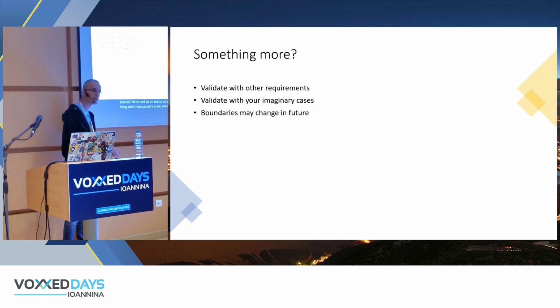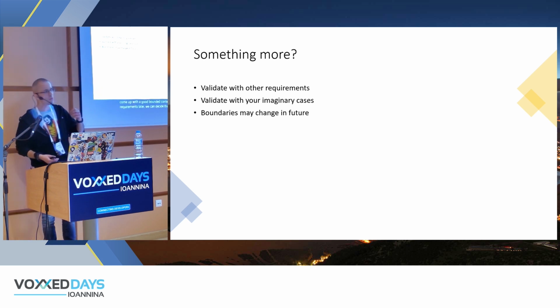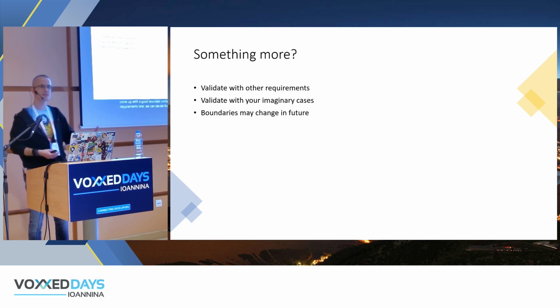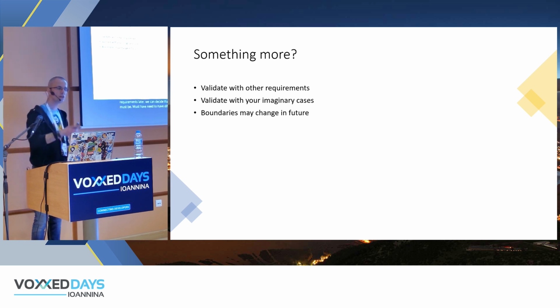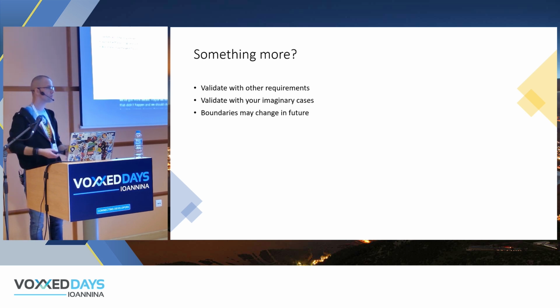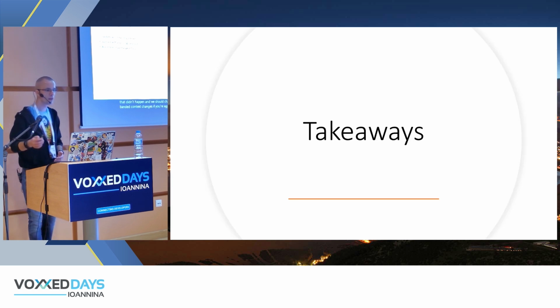Today, together, we could come up with a good bounded context, and a few requirements later, we can decide that this language needs different boundaries, because maybe we've got more details, or maybe we foresee something that didn't happen and we should change them. If your bounded context changes, if your aggregates change, it doesn't mean you made a mistake. It just means you learned more.